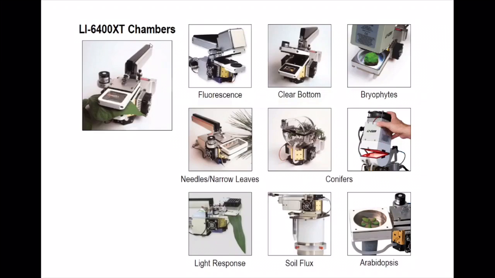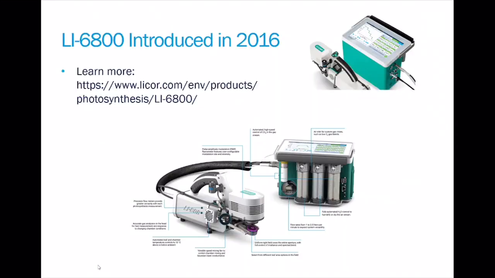We do offer a variety of chambers for the LI-6400. You can see a lot of those pictured here. We also have a soil respiration chamber that you can purchase as well. And then just finally, we do have a newer photosynthesis system, the LI-6800.